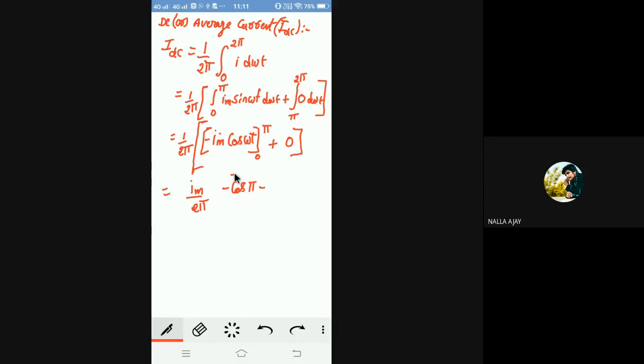What is the cos pi value? It is minus 1. What is the cos 0 value? 1.